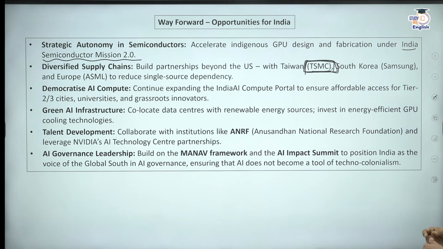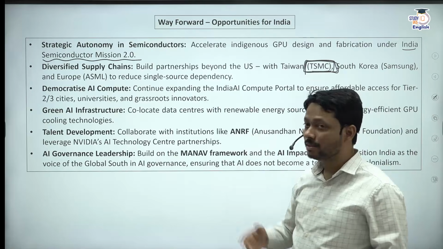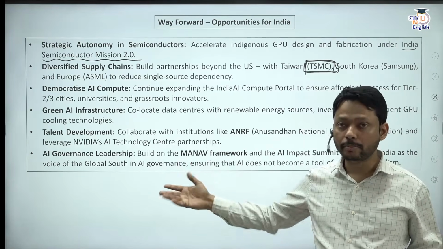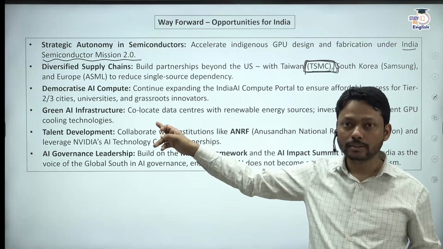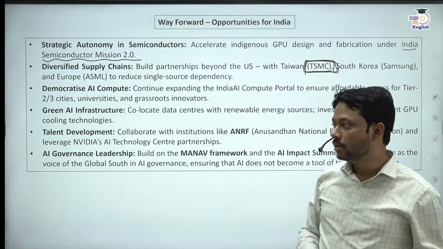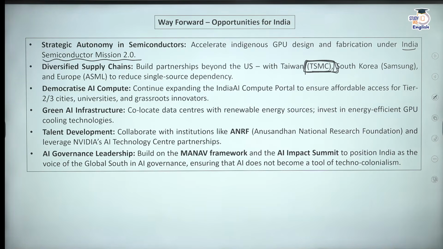Some diplomatic maneuvering is required with South Korea, with Europe, ASML. Maybe if we try to have some collaboration with ASML, which will be more difficult because that is the single company in the entire world that makes EUV-grade lithography machines. But we are required to do that.